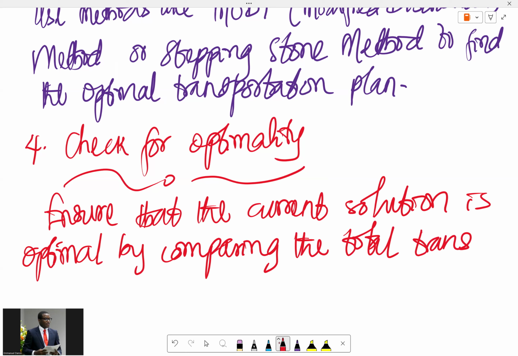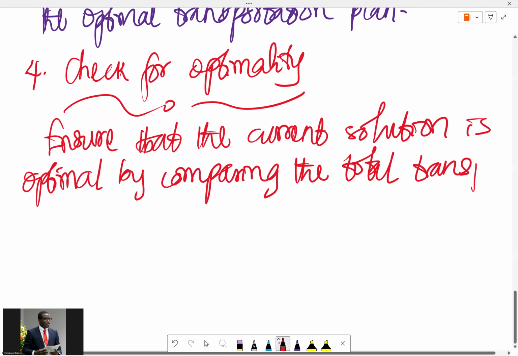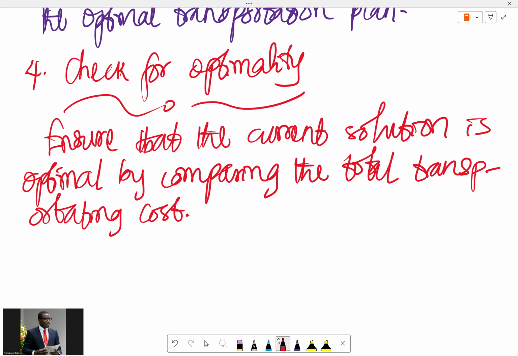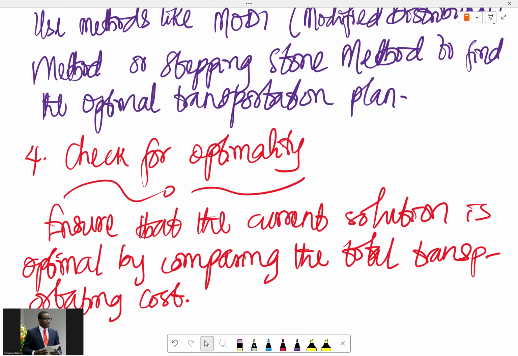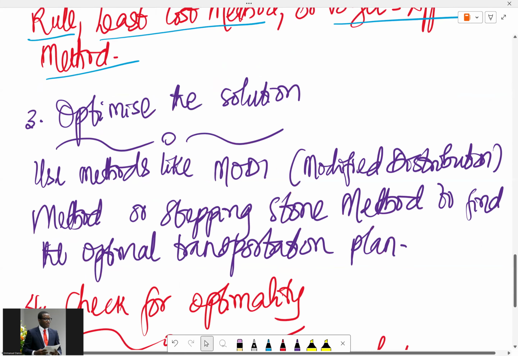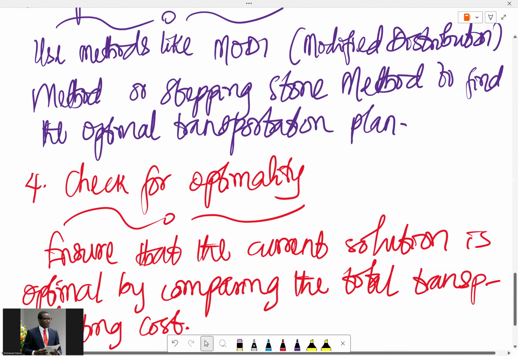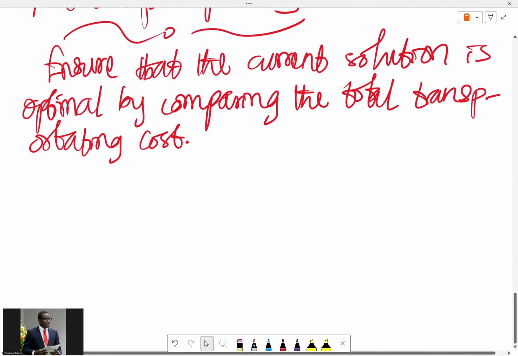You compare the initial transportation cost with what you get from the optimization you are doing with Modi or the stepping stone method. If the total cost you get is less than the previous one, then it means this is a better solution.